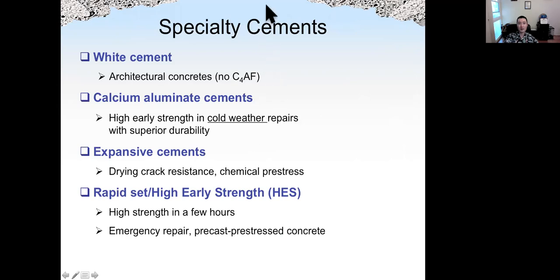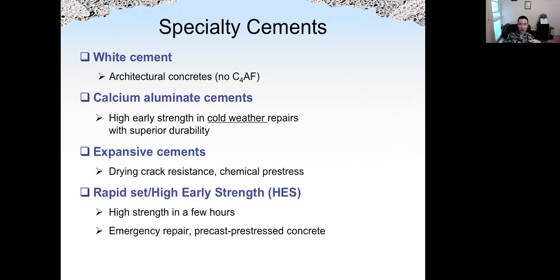All right, so that's some other specialty cement, which will not be discussed in detail in this class, including white cement, which has a white color. This cement has no C4AF. The iron in ferrite gives a gray color to cement. Without C4AF, the color of the cement will be white.